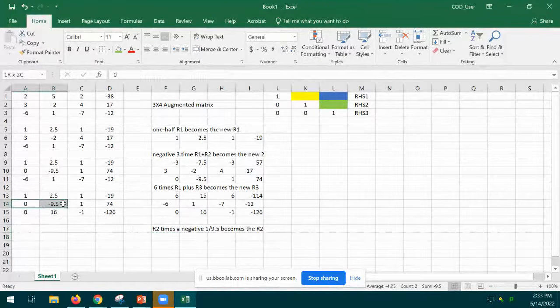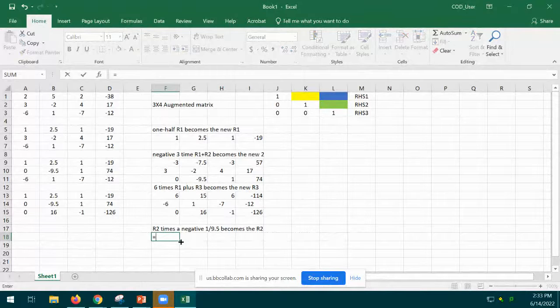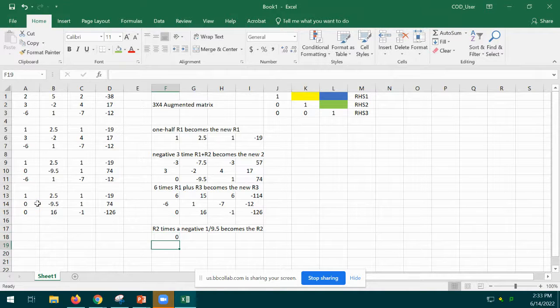So what I'm going to do is copy row 2. Actually, I'm going to do this first. I'm going to say equals, and this is going to be, actually, minus 1 over 9.5. And then this is times, and I'm timesing this 0 here.